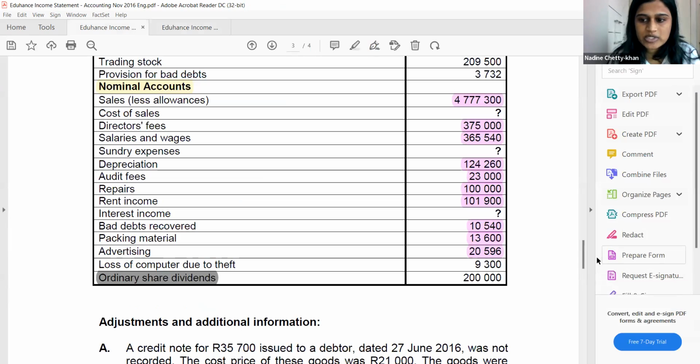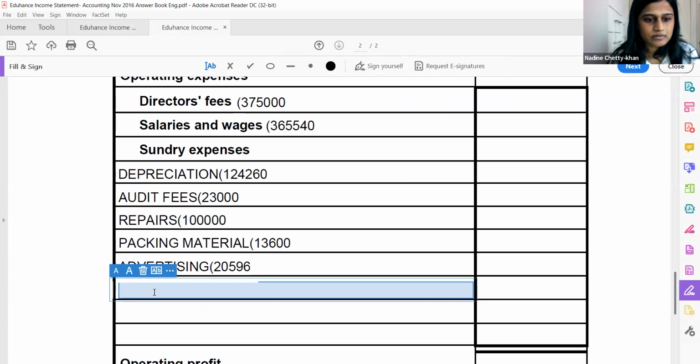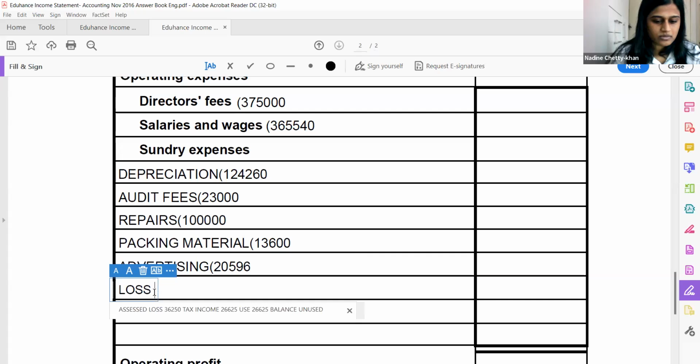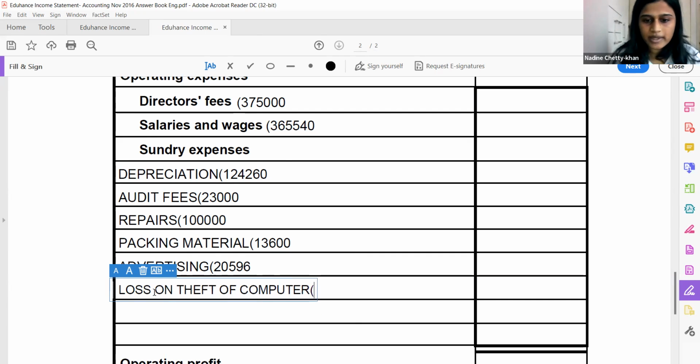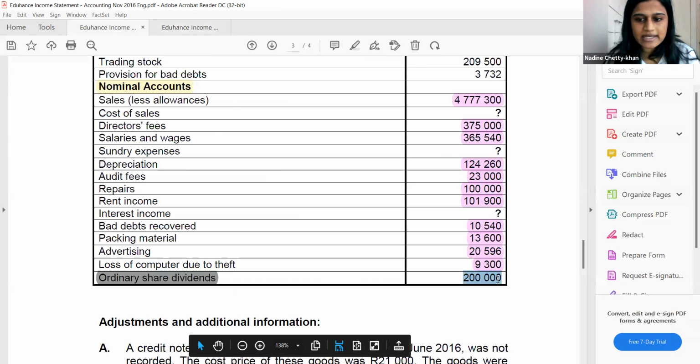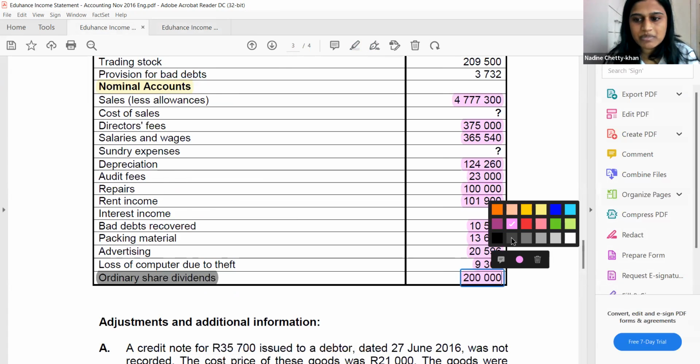Okay, we're almost through with step 1. 9,300 loss. A loss is an expense. And that was 9,300. Now, what I should have done is I should have highlighted that also in black, because when you're running down the numbers in the exam, that can throw you off.